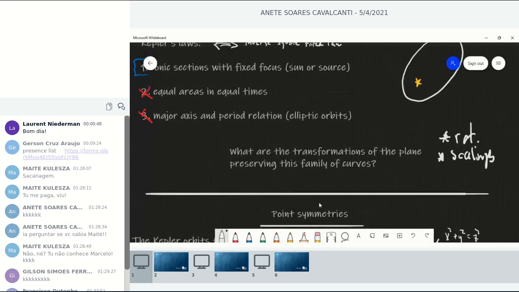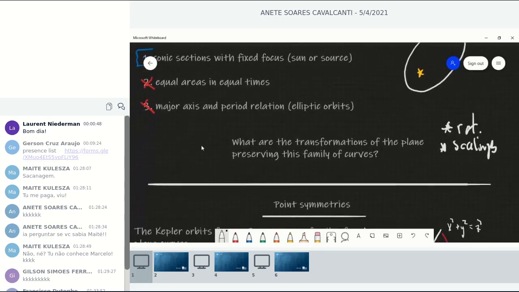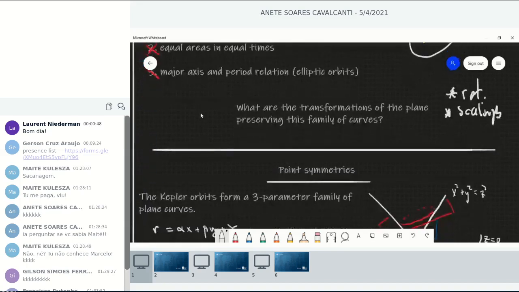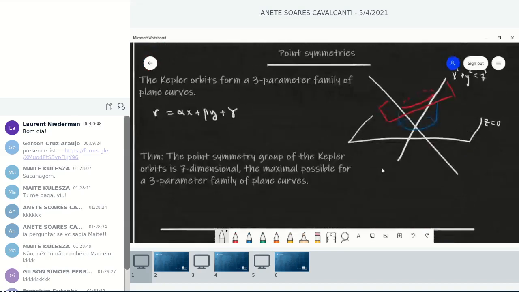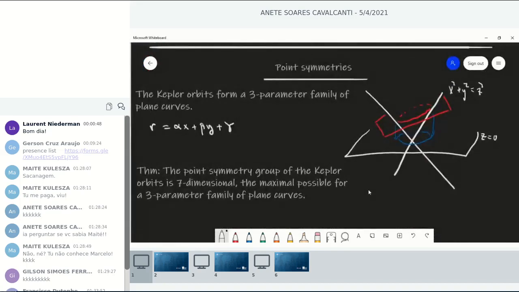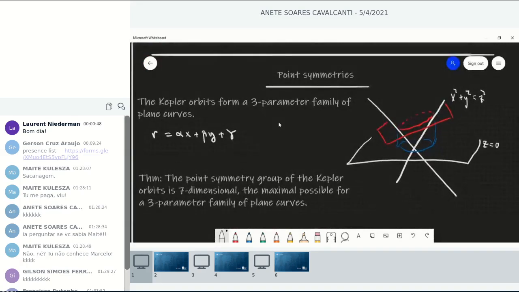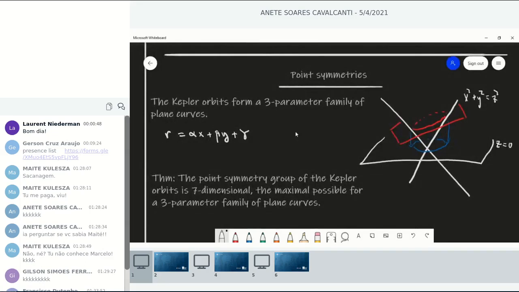For the name, we'll call such transformations point symmetries, or Lie point symmetries, because this type of symmetry is in the work of Lie on ODEs in its origins. These Kepler orbits in the plane are a three-parameter family of curves.